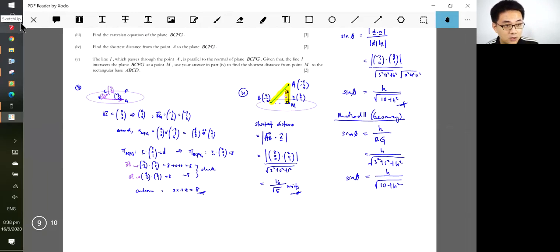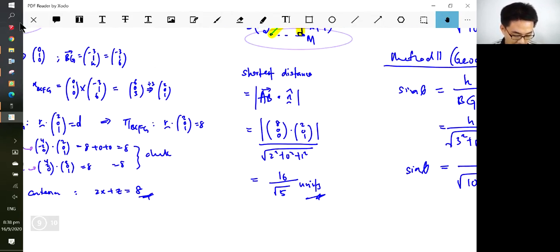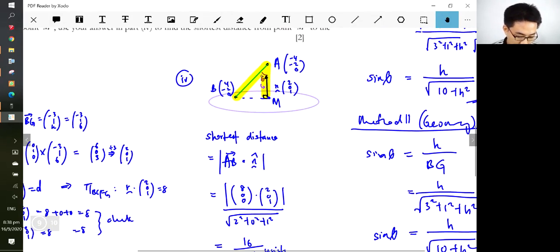But how do you find the coordinate of M? That is the annoying thing, because now you need to see whether this angle is acute or obtuse. If it's obtuse, meaning the normal is pointing downwards. If it's acute, meaning the normal is pointing upwards. So I repeat, because now you're using A to B, and then you dot with N, N is here.